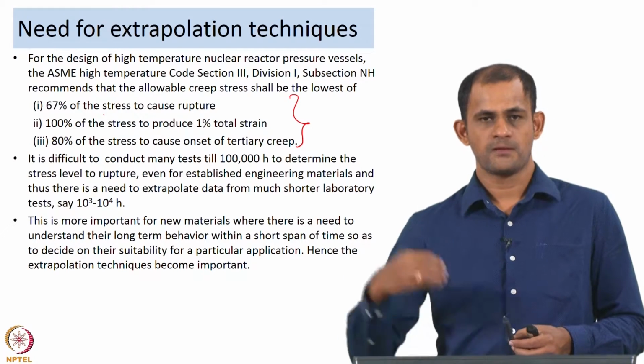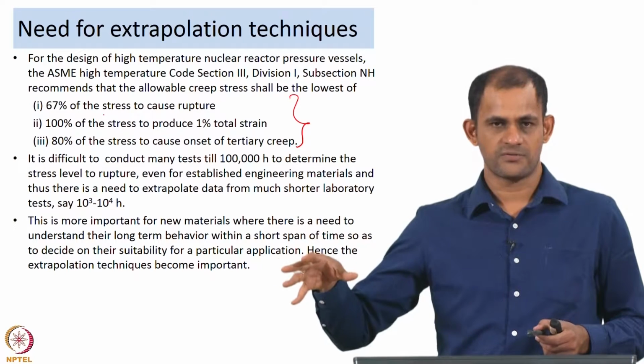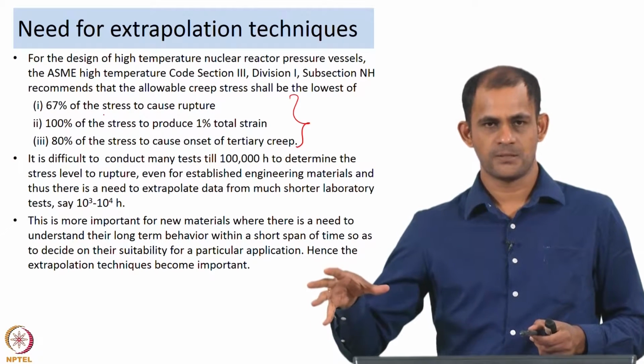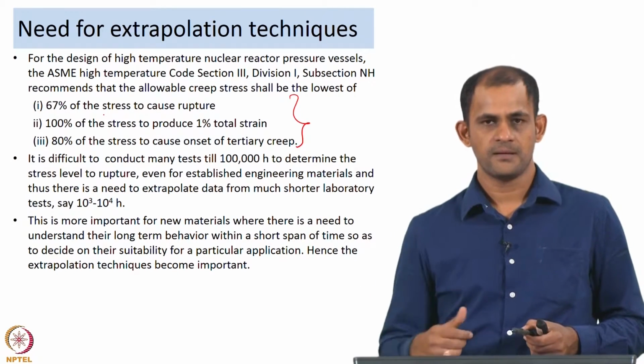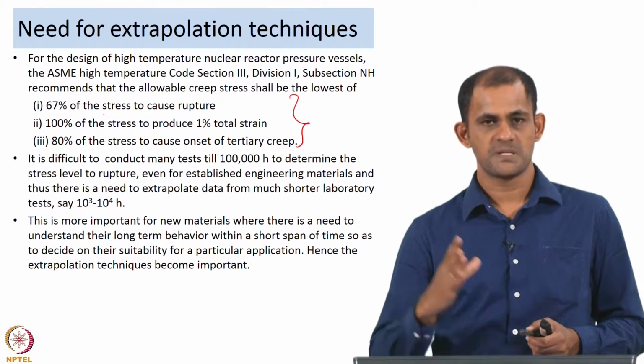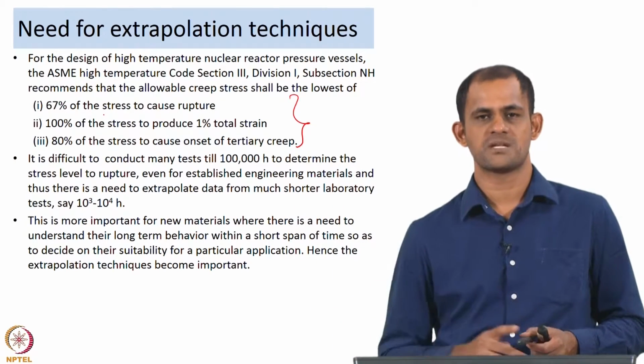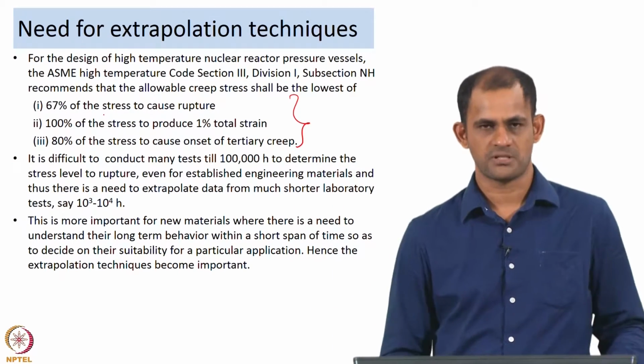So, say the stress to rupture that the component requires at given conditions of temperature for that application is 100 MPa, then they are saying that the allowable creep stress should be 67%. So, you cannot allow the component to experience more than 67% of the stress required to cause rupture.